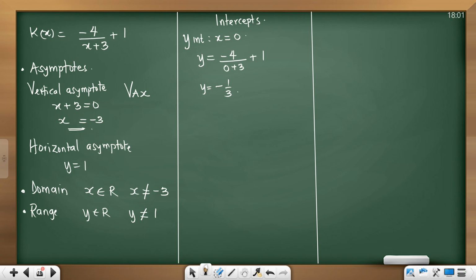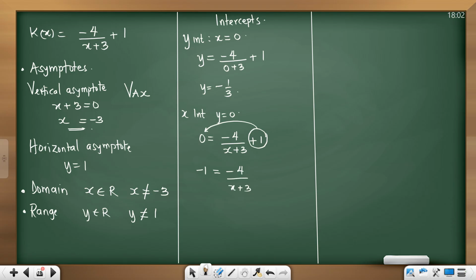What about your x-intercept? Your y will be equal to 0. So I'll say 0 equals to. A lot of learners don't know how to do this one. They make mistakes. Please watch what I'm going to do. 3 steps. I'm going to start by moving this one over here. Negative 1.